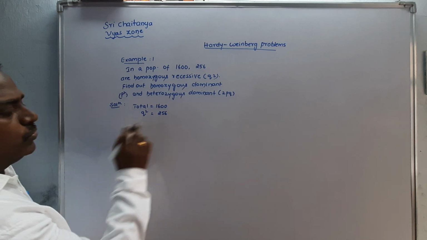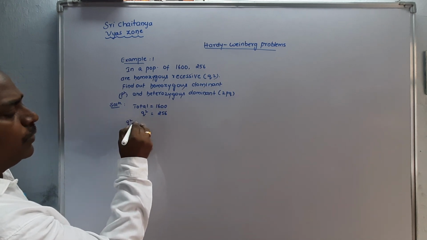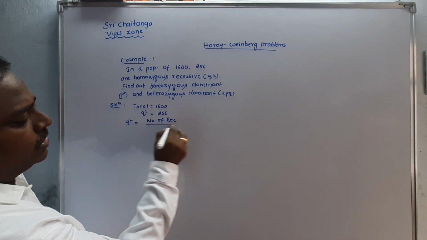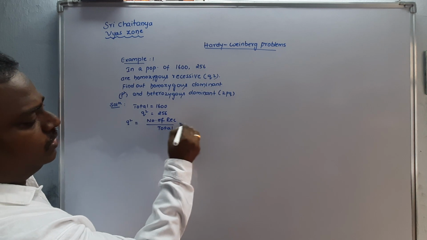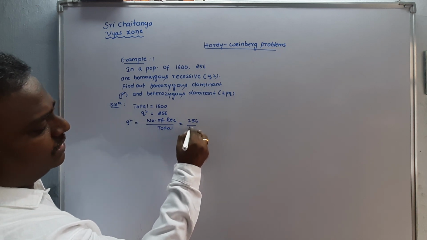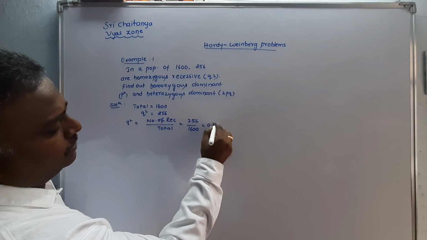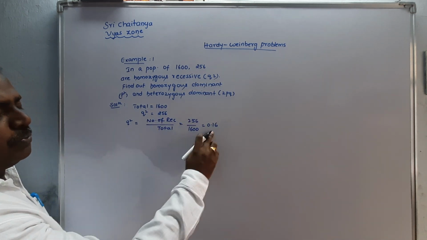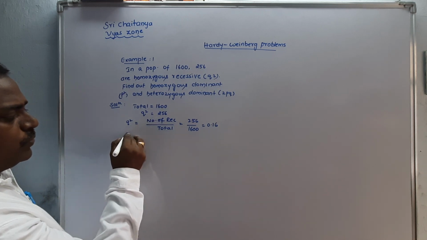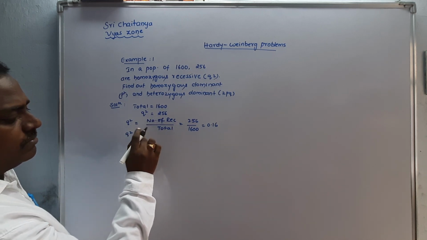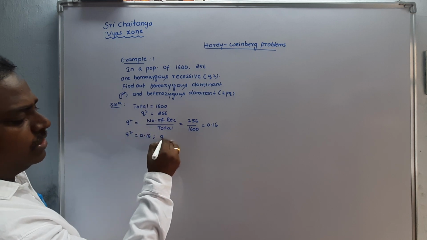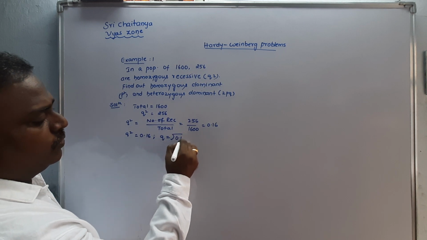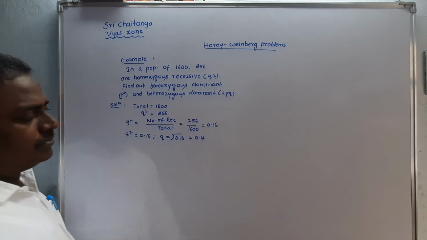The formula is q square is equal to number of recessive by total individuals, that is 256 by 1600, whose value is 0.16. If q square is 0.16, then q is equal to the square root of 0.16, that is 0.4.